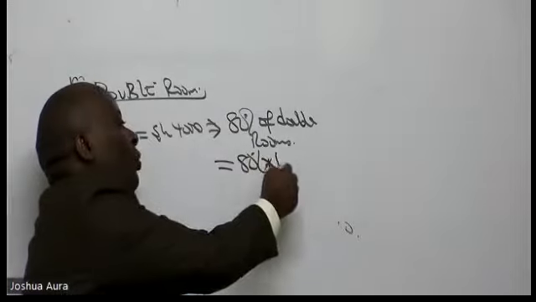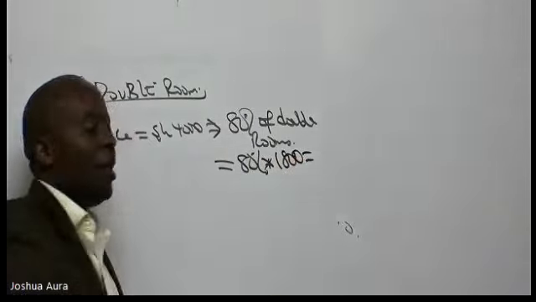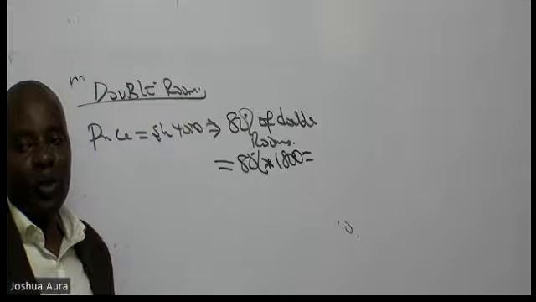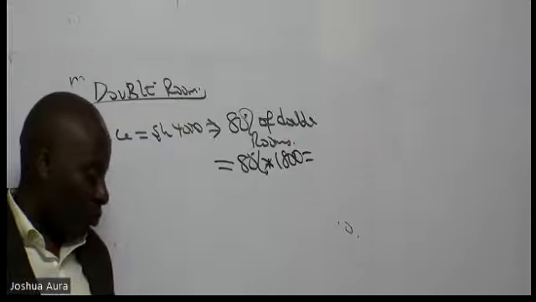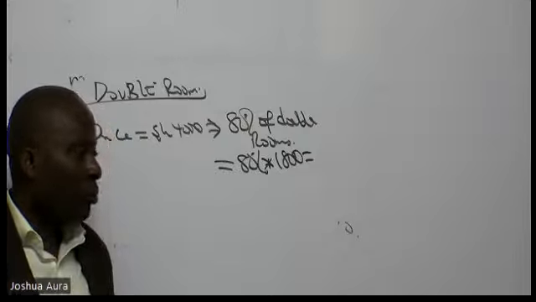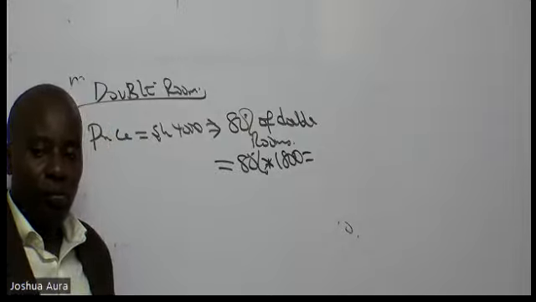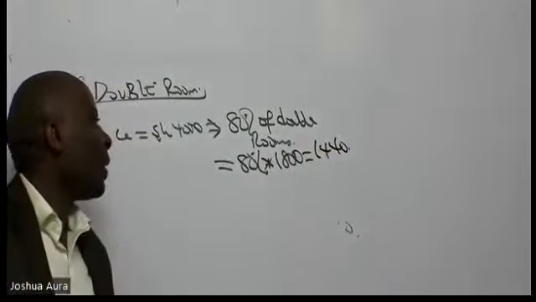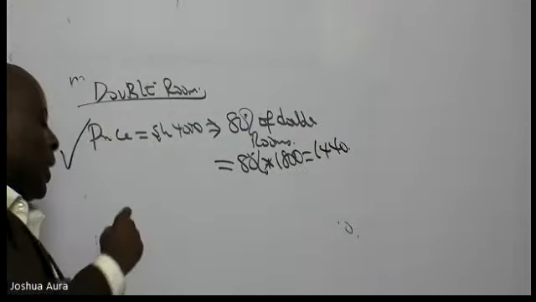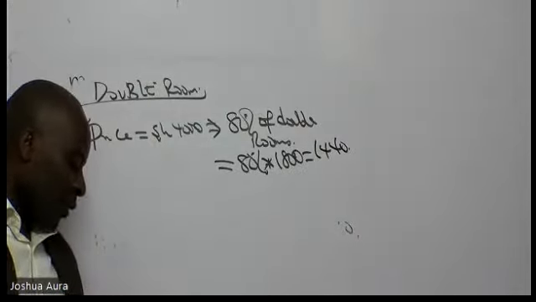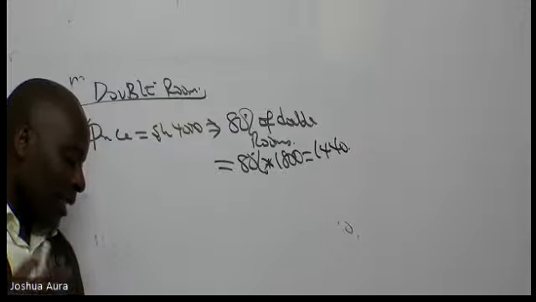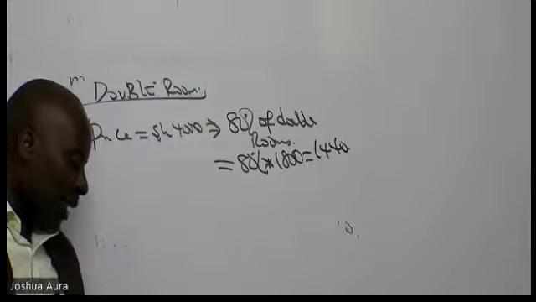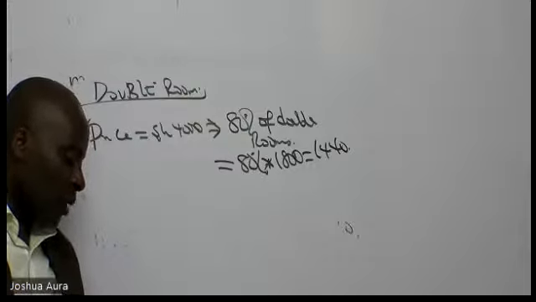So 80% of 1,800 gives me how much? 1,440. Great. So this is the first price. Remember, when you read this question very well, they've told us that for each shillings 100 increase or decrease, they expect the number of rooms to decrease or increase respectively by what here?